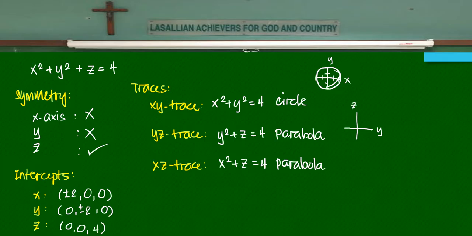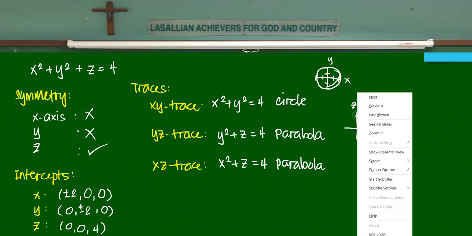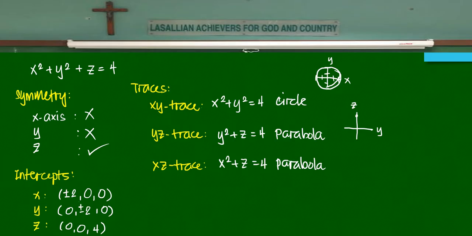So when y is 0, z is 4, whereas if z is 0, y is plus and minus 2. So let's say this is 4. So it's a downward parabola.